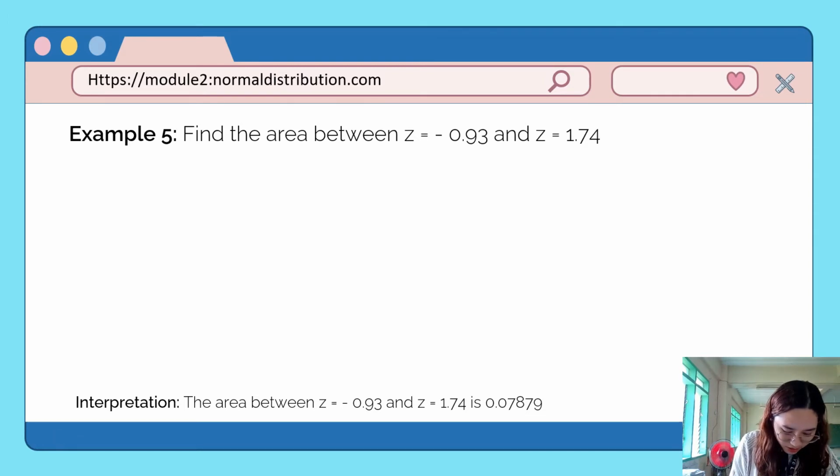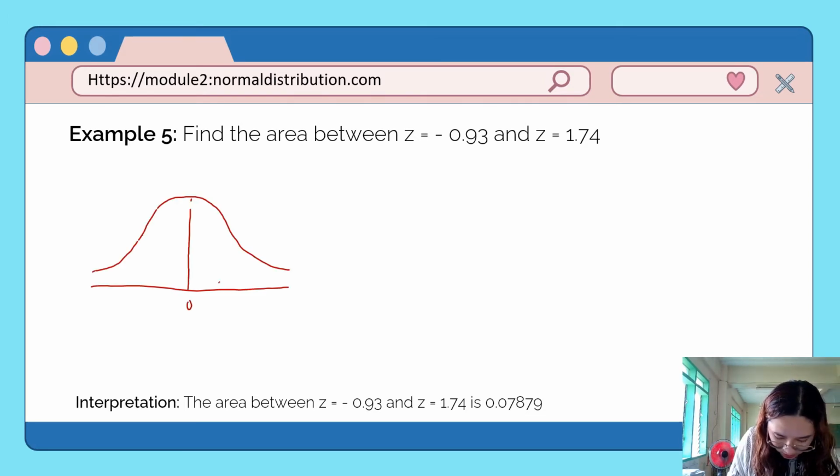So, let's illustrate muna sa normal curve. Ayan. So, 0, 1, 2, 3, negative 1, negative 2, and negative 3. So, ang hinahanap natin ay yung negative 0.93. So, bago mag-1 yun. Banda dito. Sabihin natin banda dyan. Ayan. Negative 0.93.